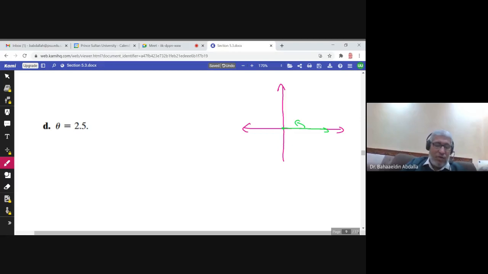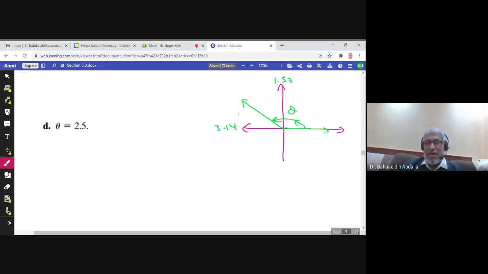If you ask for pi in the calculator, pi is 3.14. So this is 3.14. What about pi over 2? If you divide by 2, you will get 1.57. So this is 1.57 radian. This is 3.14 radian. So 2.5 radian would be less than 3.14 radian. So it would be somewhere here.